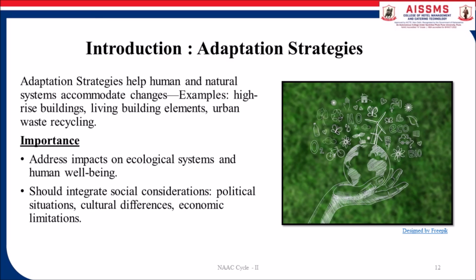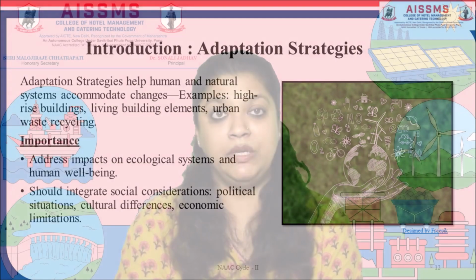The examples include the construction of high-rise buildings and living building elements, as well as recycling of urban waste. These strategies are important for addressing the impacts of climate change on ecological systems and human well-being. And they should be integrated with social considerations, such as political situations, cultural differences, and economic limitations.